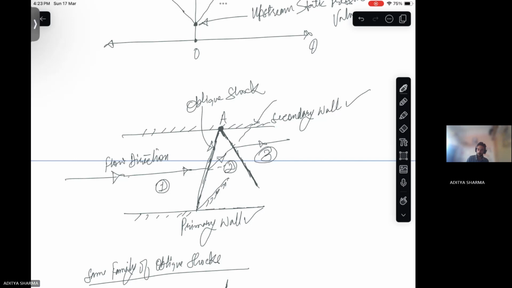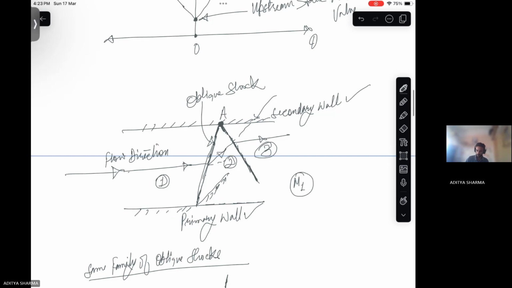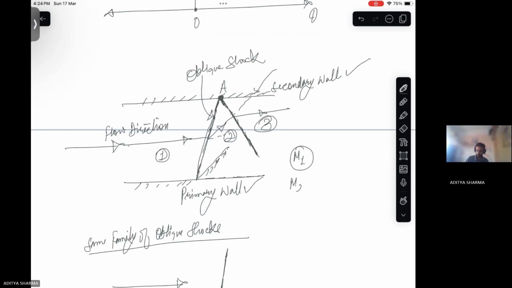so if M1 is the Mach at region 1, right? And M3 is the Mach value at region 3. We know across a shock, the Mach value decreases, be it normal shock or oblique shock, right?